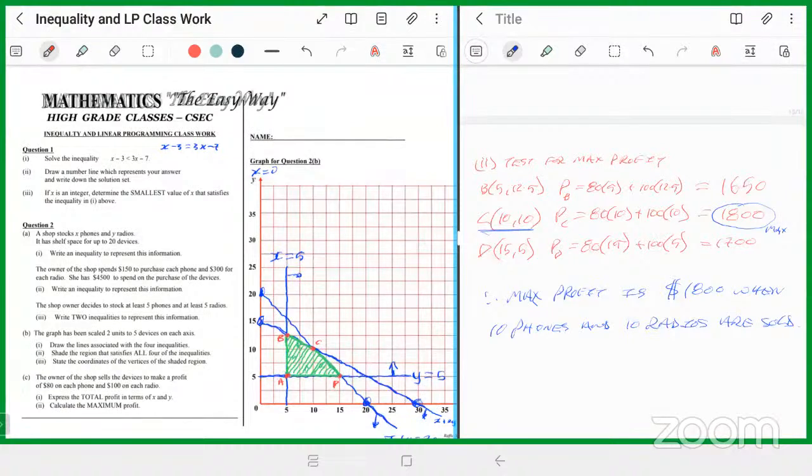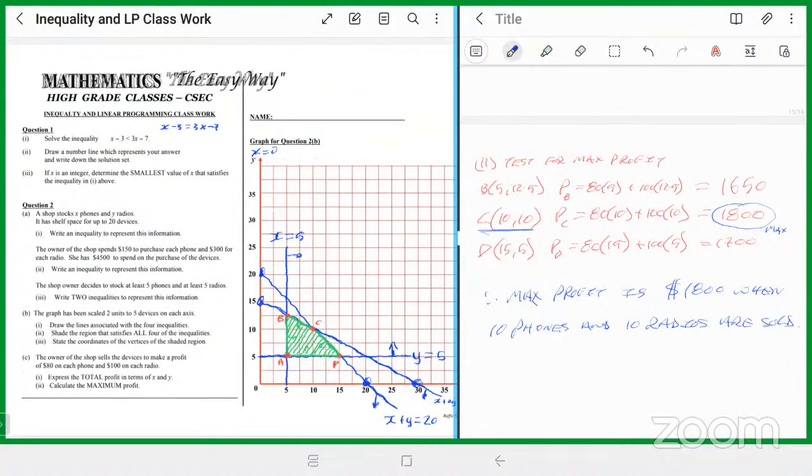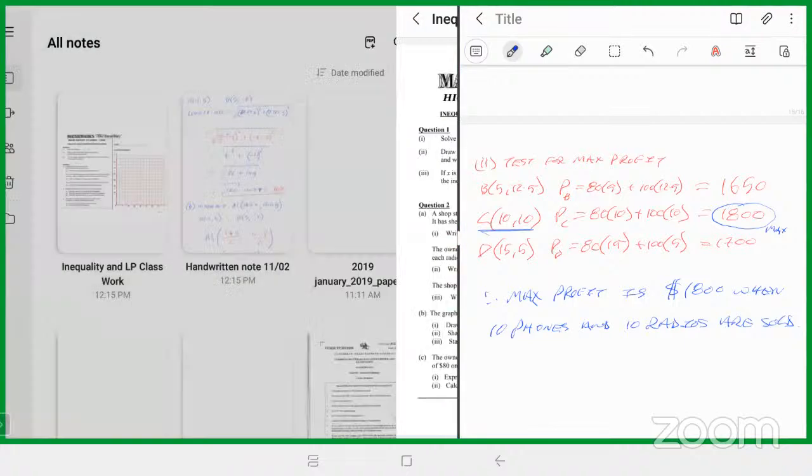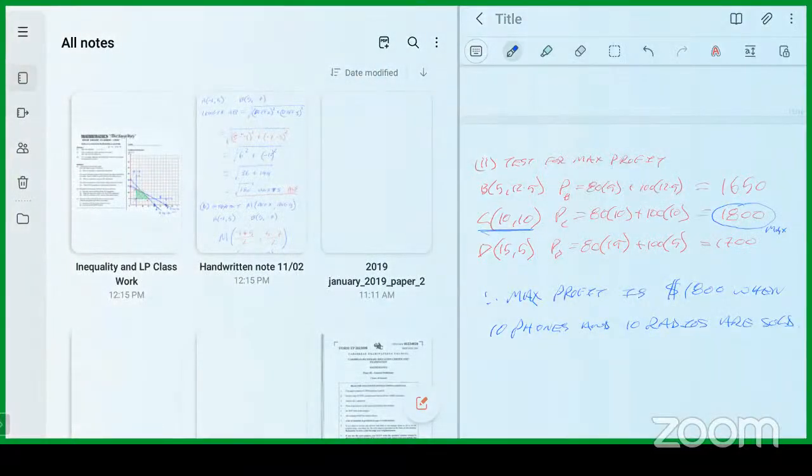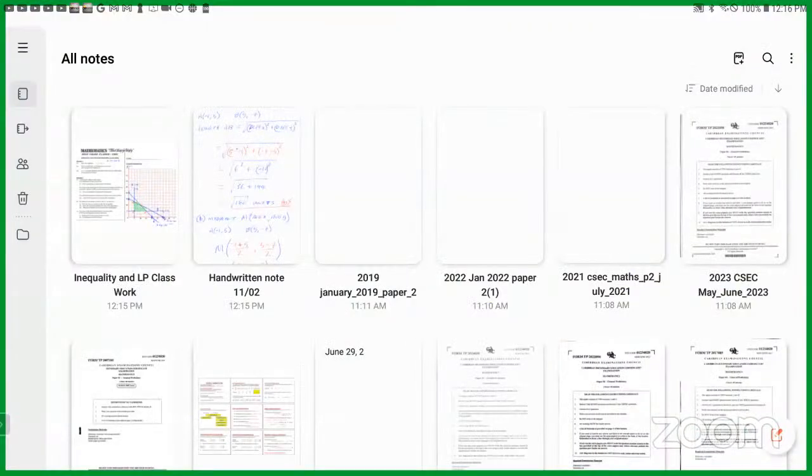All right, let me do a couple of the questions that I sent you last night, to do on the past papers. I want to do one of the linear ones, the simple ones, first. And I want to show you a special question as well.